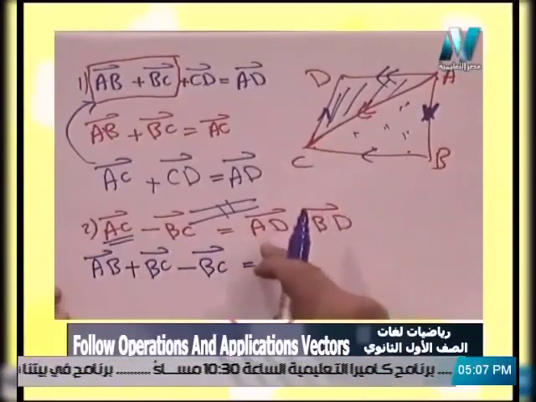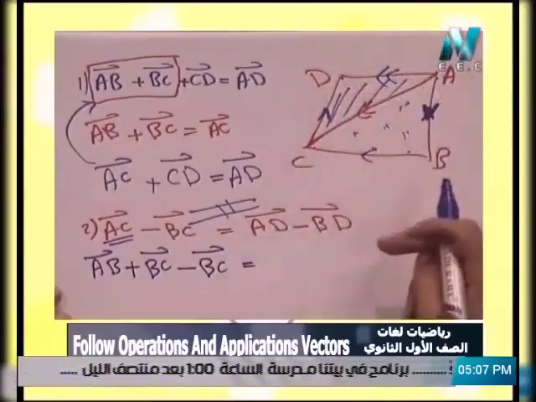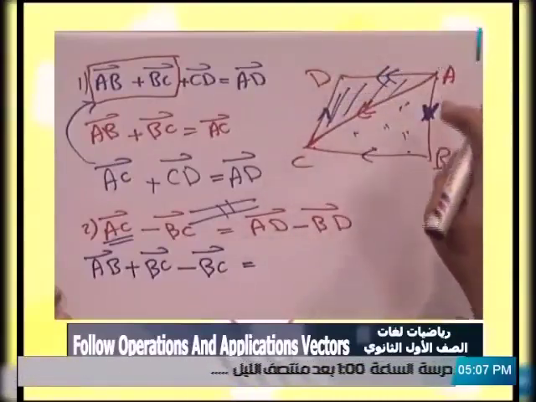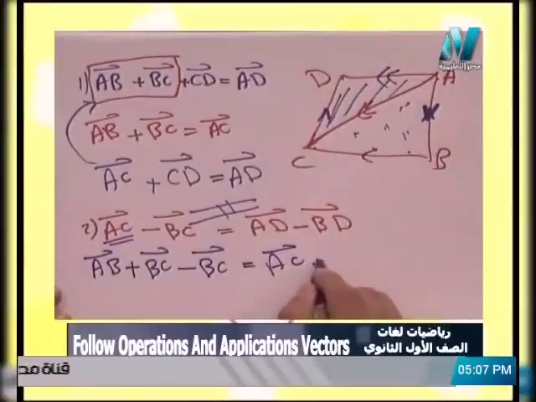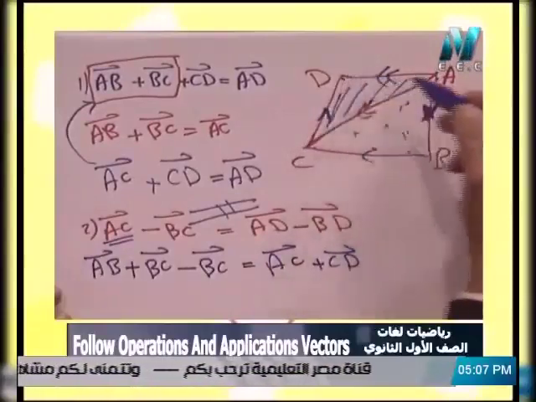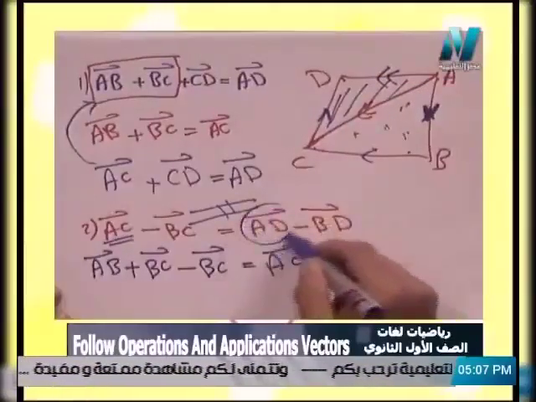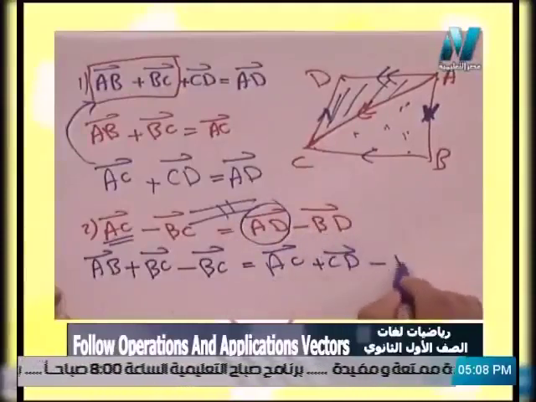We also have the vector AD in this triangle. We can substitute AC plus CD instead of the vector AD here, but we put BD as it is.